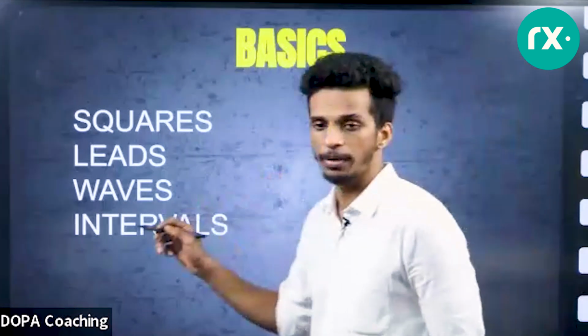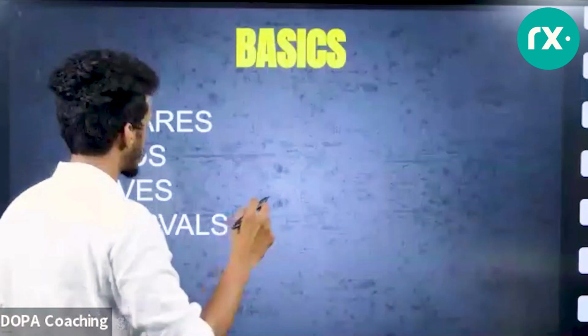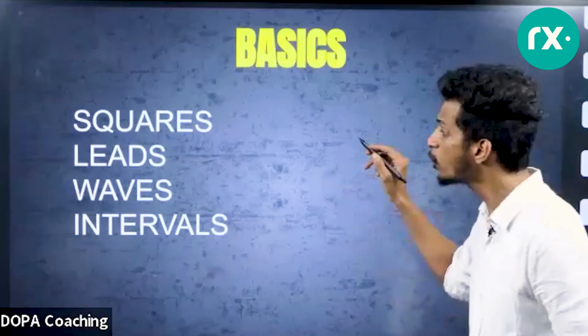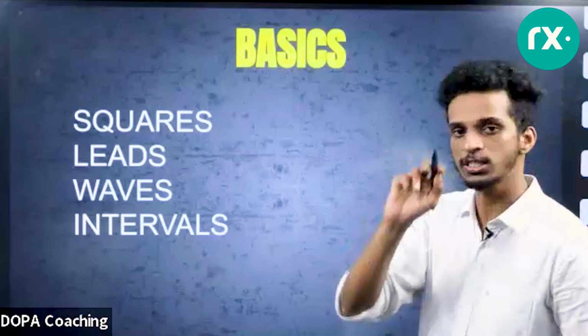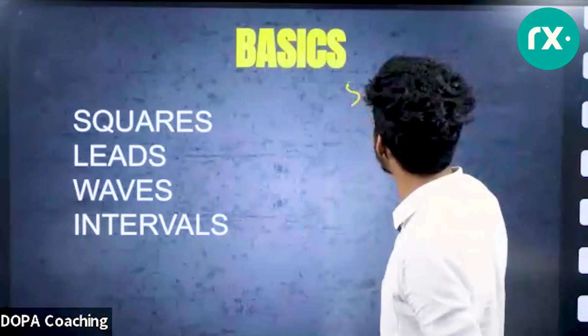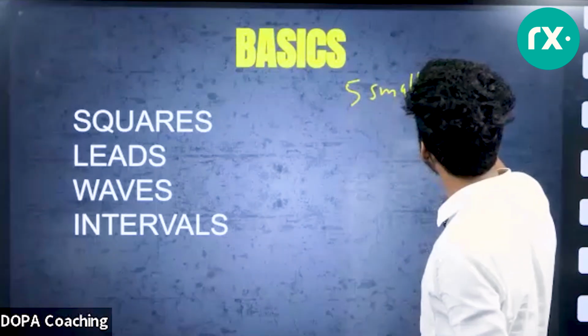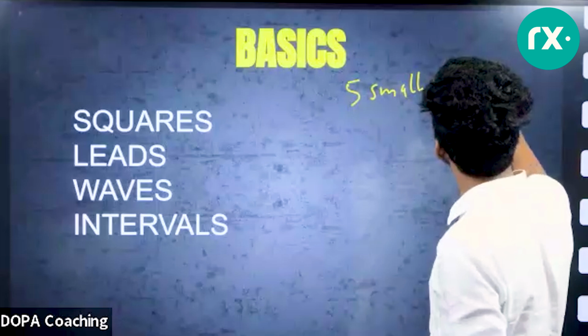So moving on to the basics, speaking about the squares of the ECG. We know that an ECG has large squares and small squares, and 5 small squares make 1 large square.